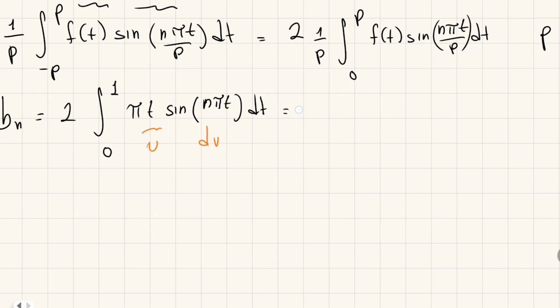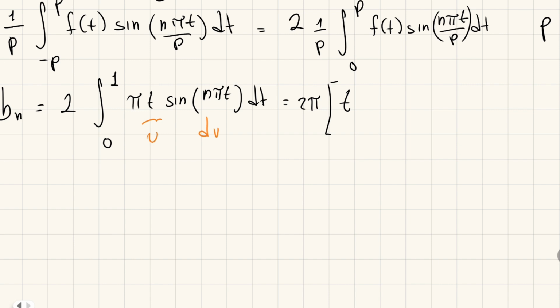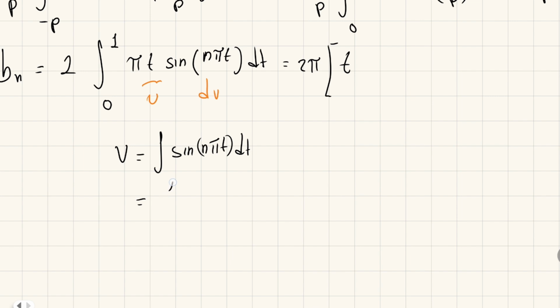So this is going to be equal to 2 pi times, well, it will be u, which is t, and let me recall that v in this case is going to be the integral of the sine of n pi t dt, which is going to be 1 over n pi, actually a minus here, cosine of n pi t. Perfect.